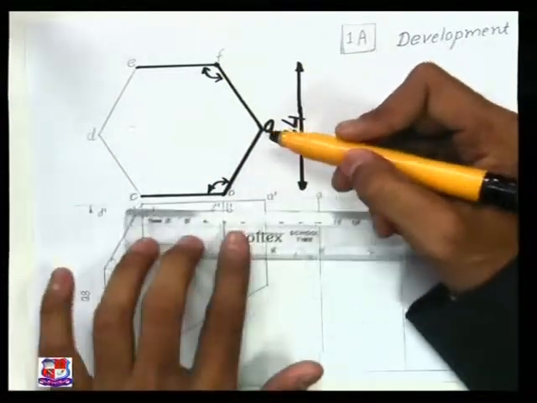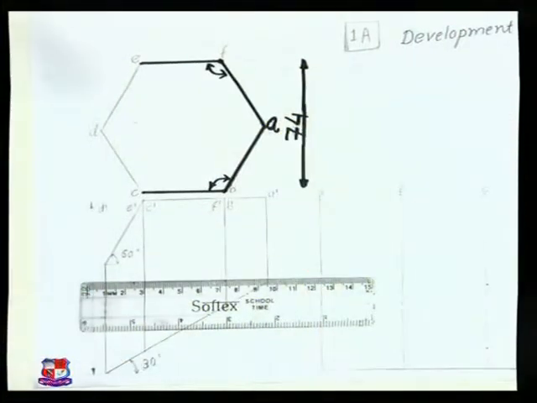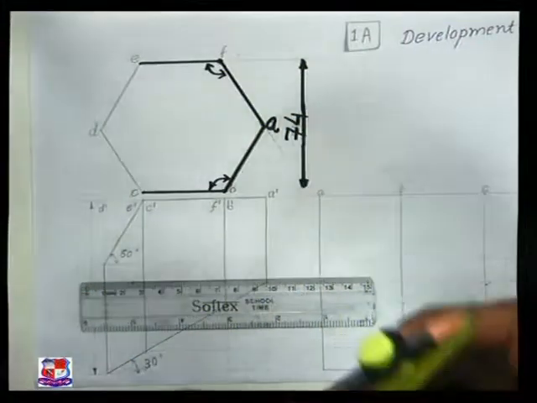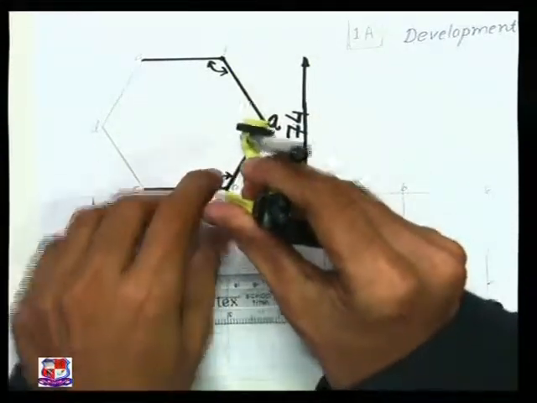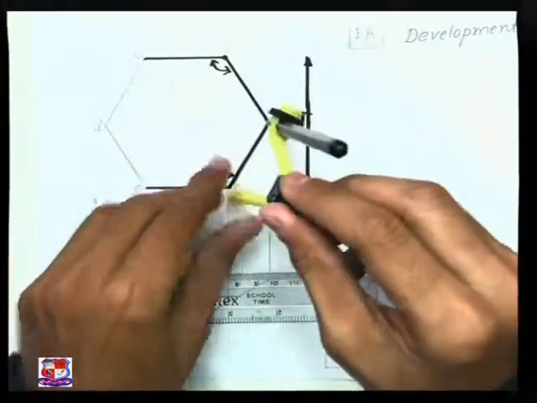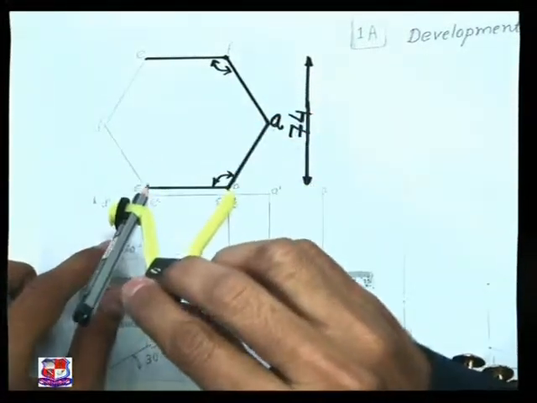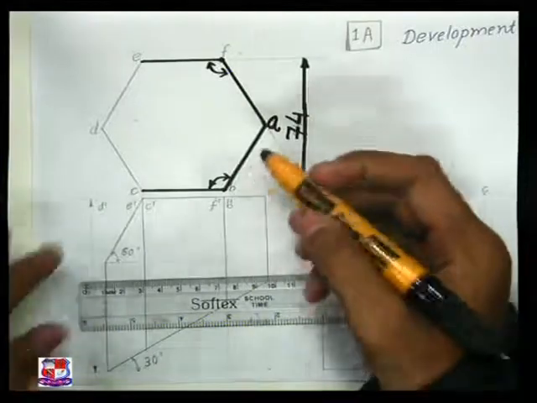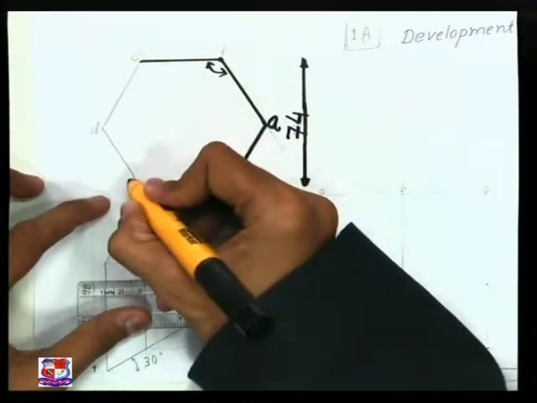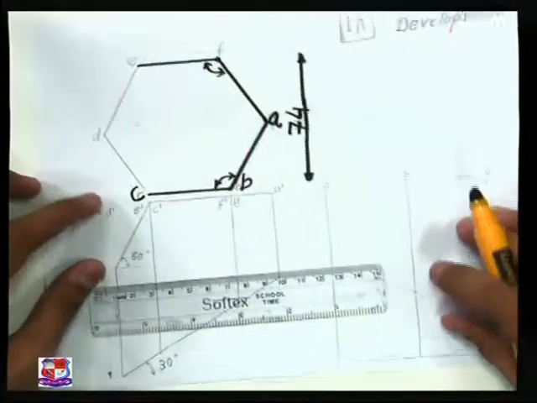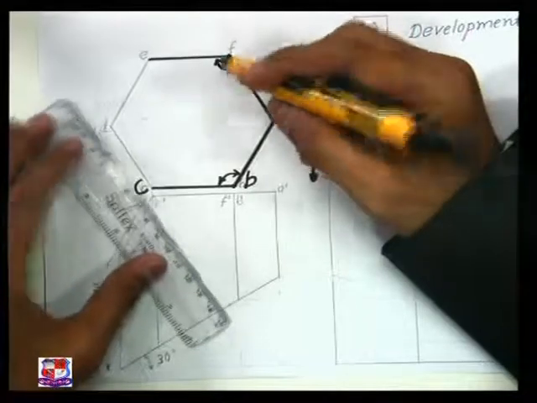So put this distance over here and complete this hexagon like this, or we may draw like this. Take B as a center, with BA as a radius like this. Taking this as a radius, draw an arc like this, and that arc will cut this horizontal line at point C. So this is point B and this is point C. Similarly, we can find out the position of other points by taking arcs or drawing lines at an angle of 120 degrees.